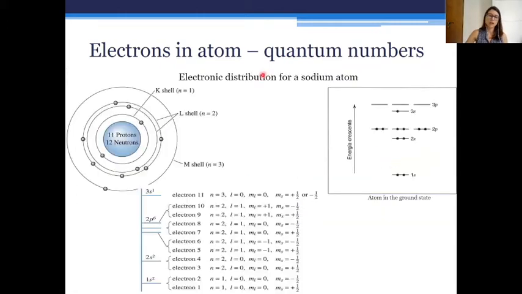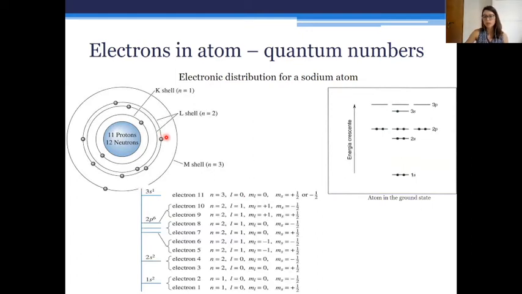Okay, so here you can see a more complex representation considering these subshells. Here it is for the sodium atom. It shows, for example, that the shell corresponding to n equals 2 has two subshells, s and p, and so we have the electrons in the subshells.